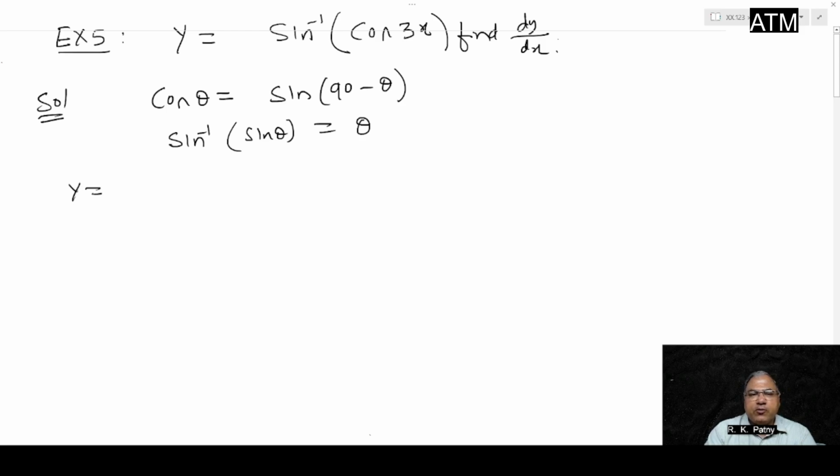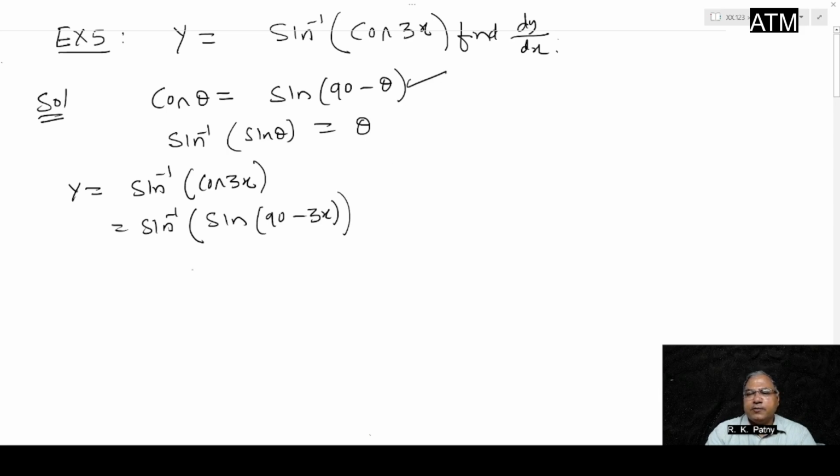First of all, we are having y equals to sine inverse of cos 3x. Now cos 3x can be written as sine of (90 minus 3x) as per this formula. This is equals to 90 minus 3x.